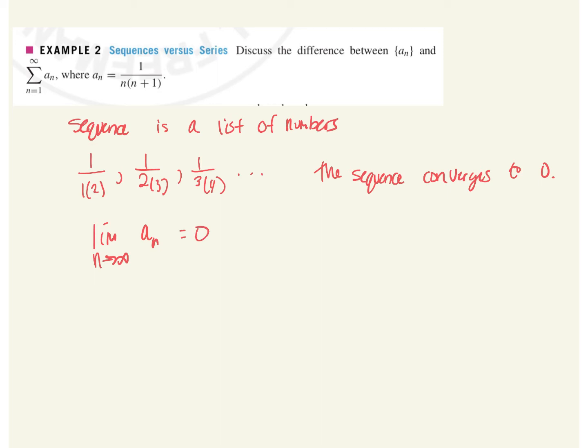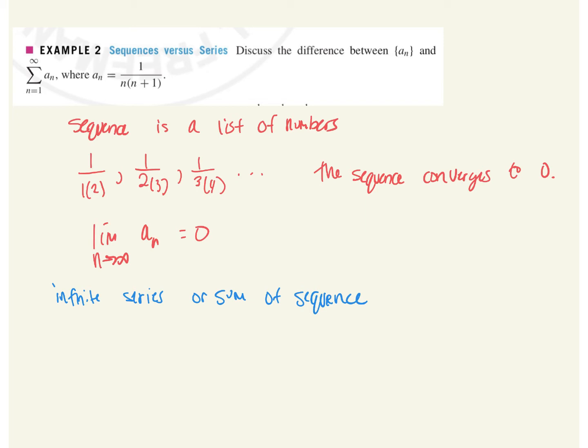But on the other hand, the infinite series, the sum of this sequence, in other words, the infinite series, or sum of the sequence, in this case is not 0.